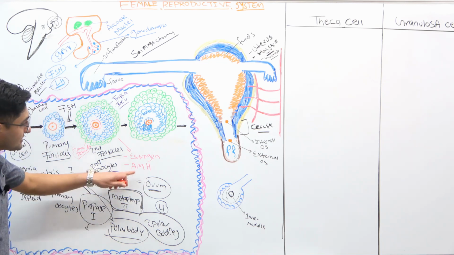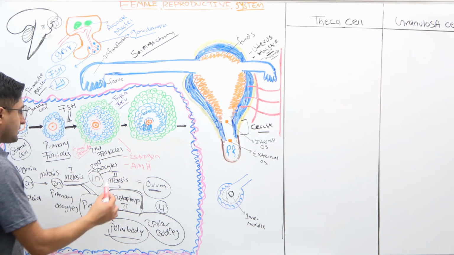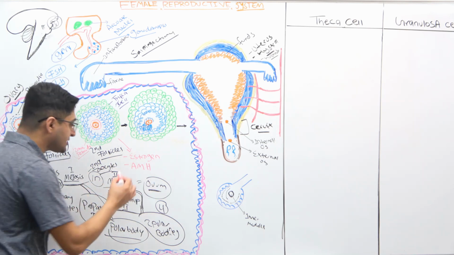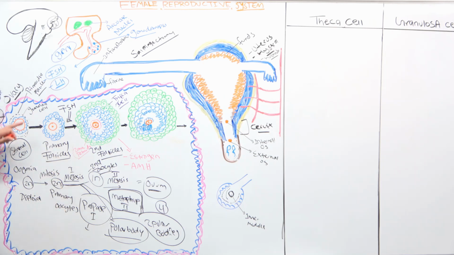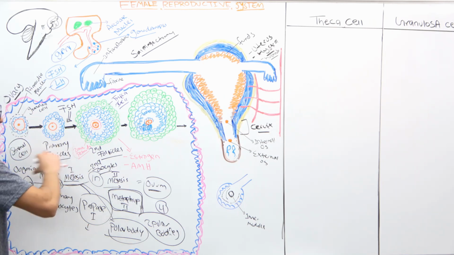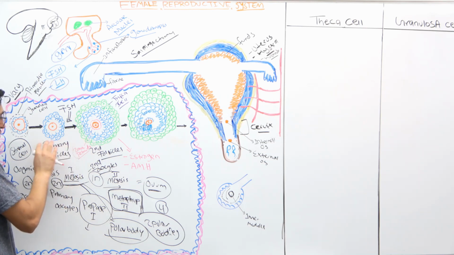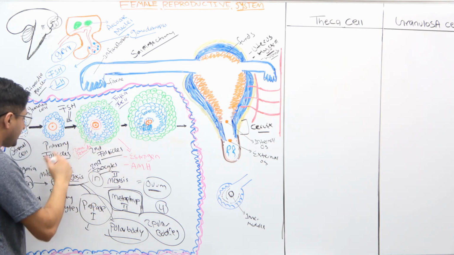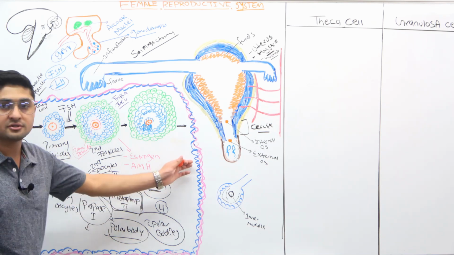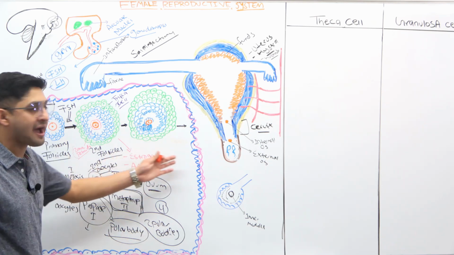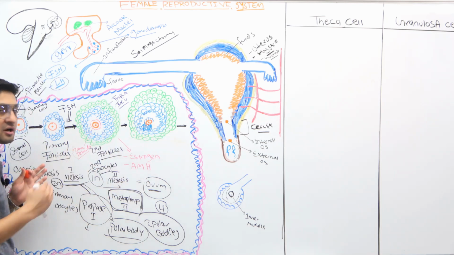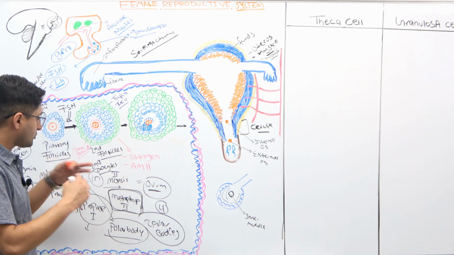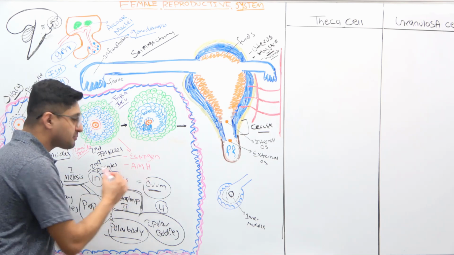What is the importance of anti-Mullerian hormone? It suppresses the recruitment of the other primordial follicles, so that the other primordial follicles do not get converted into primary follicles and others. We cannot have lots of folliculogenesis occurring, so this hormone suppresses that.